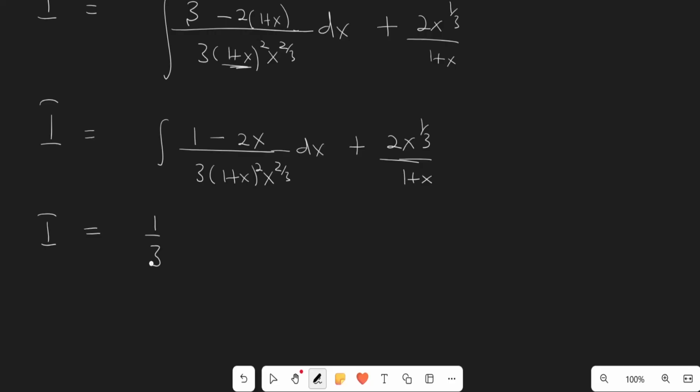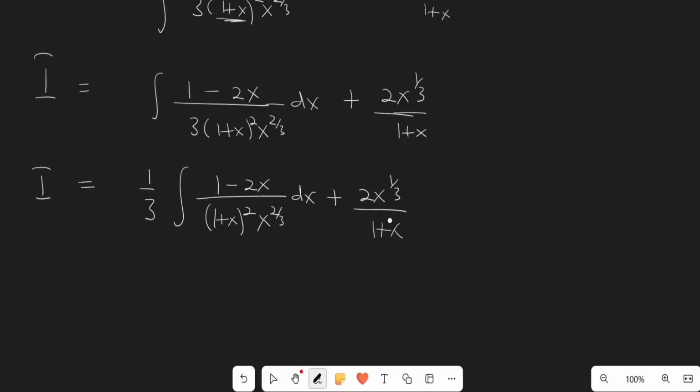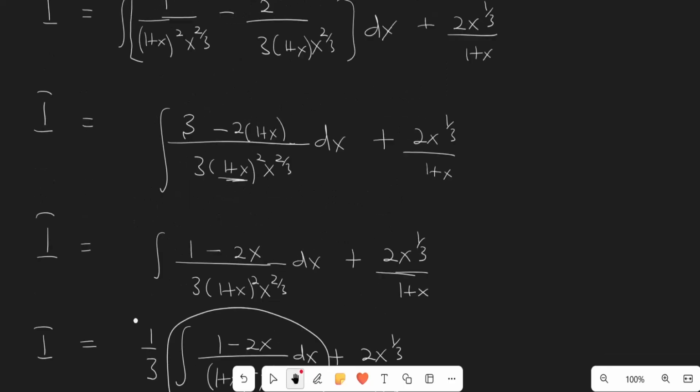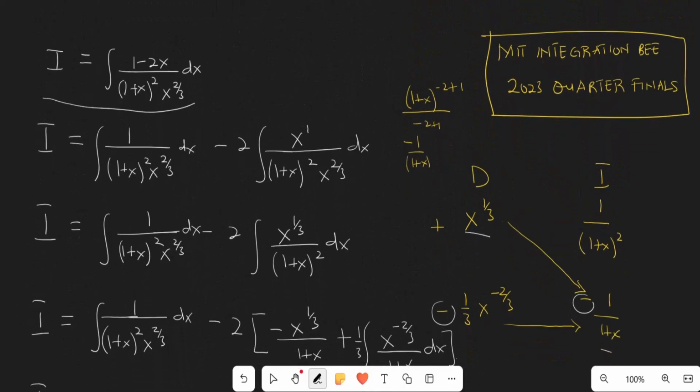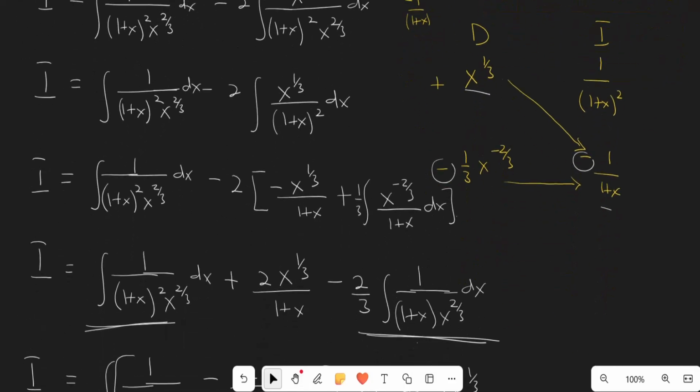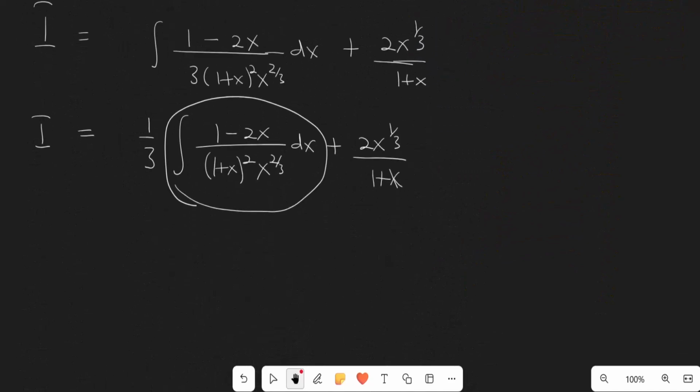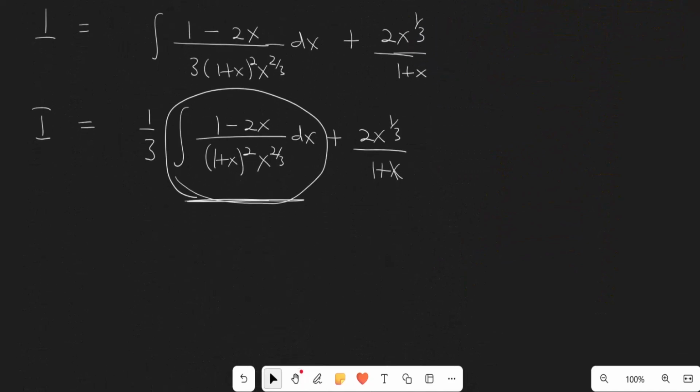That becomes 1/3 the integral of (1 minus 2x) over (1 plus x) squared times x to the power 2/3 dx, plus 2x to the power 1/3 over 1 plus x. But what is this integral? If we go back up to the very top, this is the same as our original integral I.